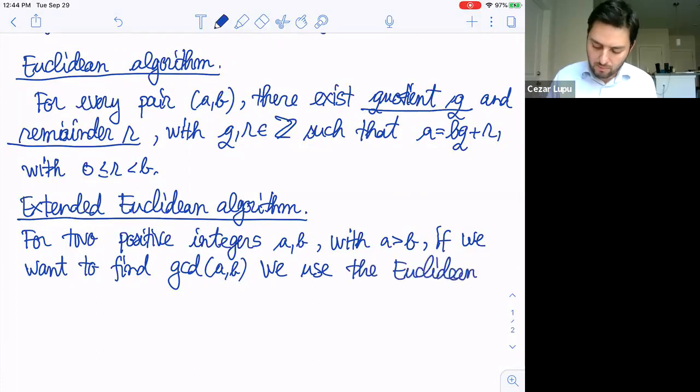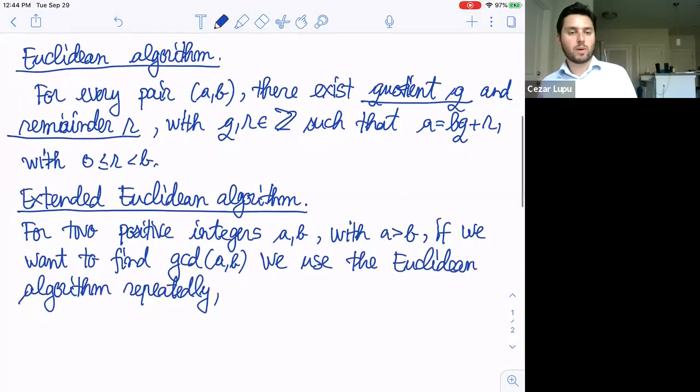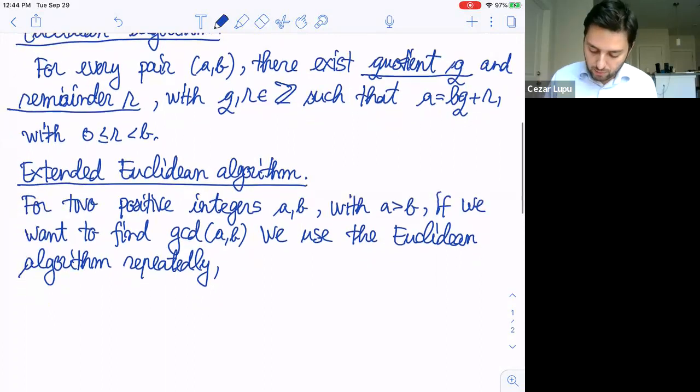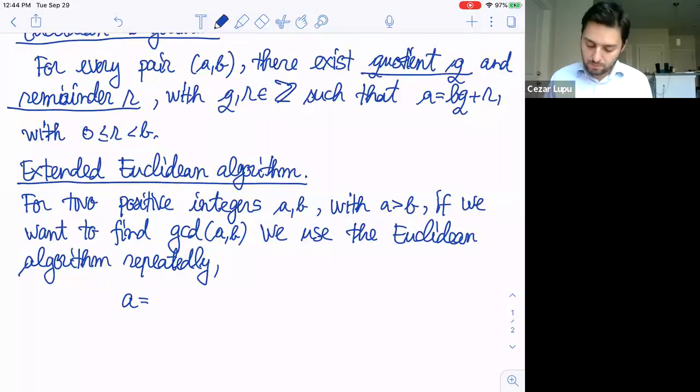It doesn't really matter. We use it repeatedly. As you can see above, I'm going to use it repeatedly at this point. And what I'm going to do is the following. I'll write A as B times Q1 plus R, and then I'm going to take B. Here R is less than B, with R not equal to 0.